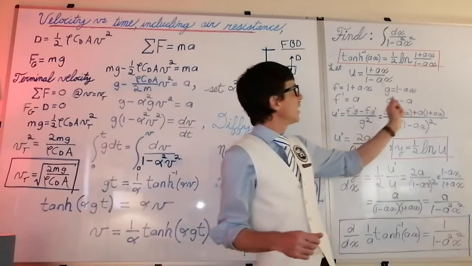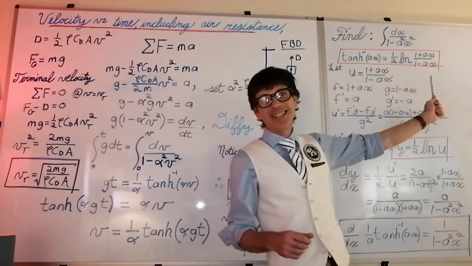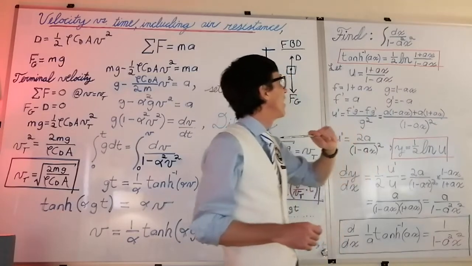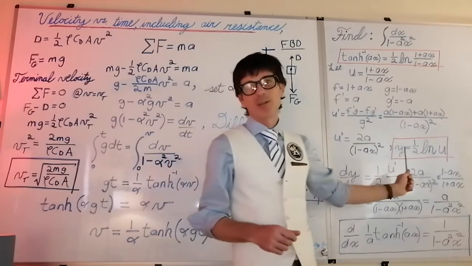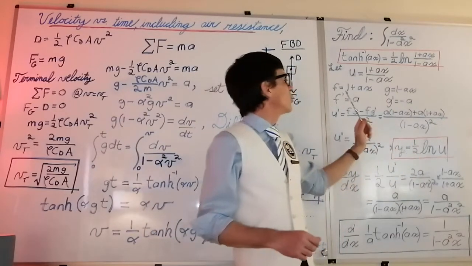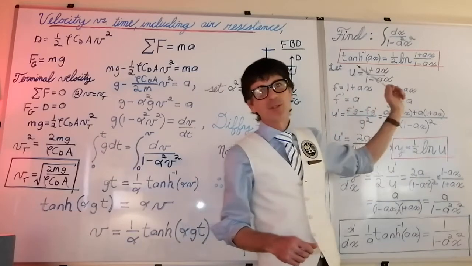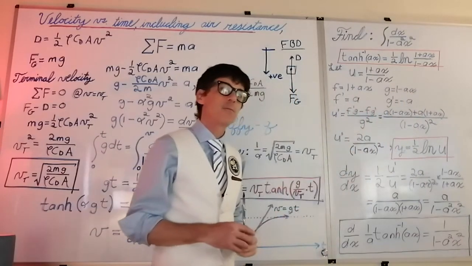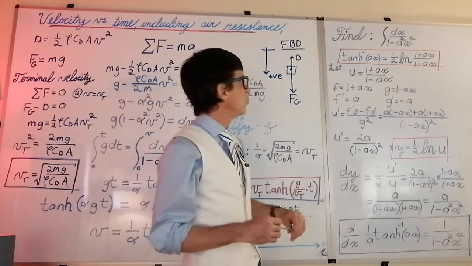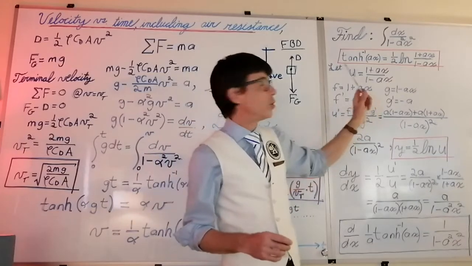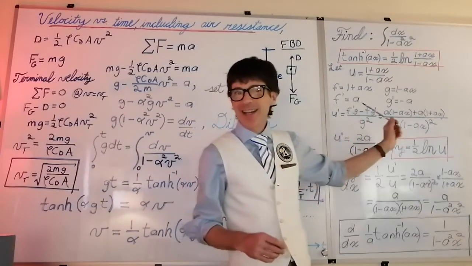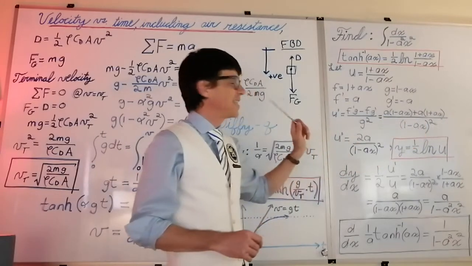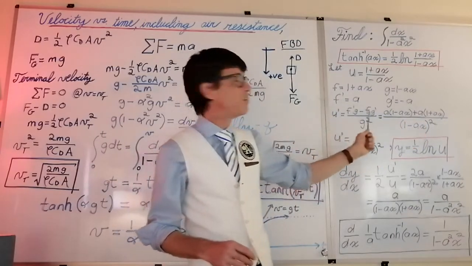So there's the identity that we need to take the derivative of. And we're going to use a u substitution. So we set u equal to everything inside. And I'll need u prime, and I'll have to use the quotient rule. So that's why I assign f and g, and I take f prime and g prime.